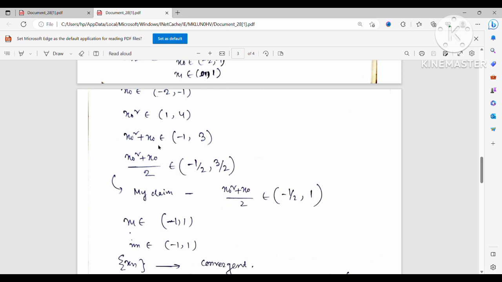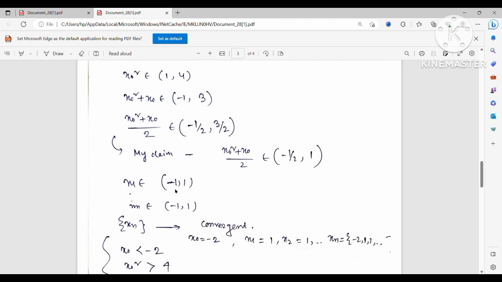So the value of (x0 square plus x0) divided by 2 is basically less than 1. You can check by taking a value of x0, say minus 2.00001, a very small value near minus 2. So this happens, right? Then x1 is in (-1, 1), and similarly xn also belongs to (-1, 1), and we already saw the result that xn is convergent when it is inside this interval, so xn is convergent.